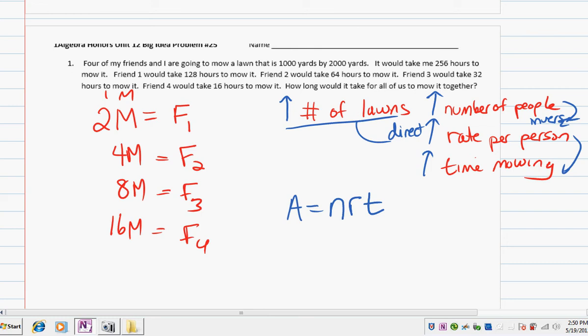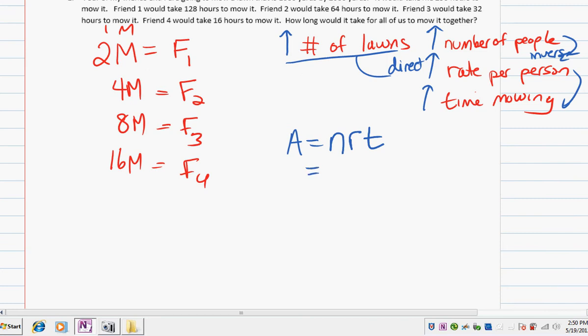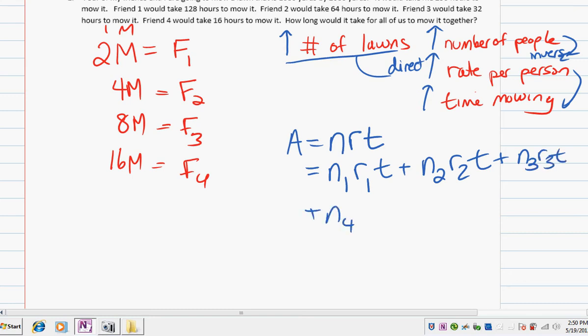But I have many different people with different rates, and so we would need to treat this as a composite. Well, the number of people at rate 1 times the time, plus the number of people at rate 2 times the time, plus the number of people at rate 3 times the time, plus the number of people at rate 4 times the time, plus the number of people at rate 5 times the time.